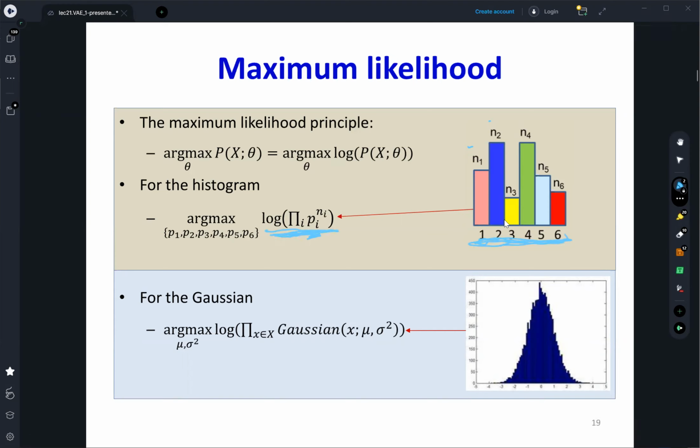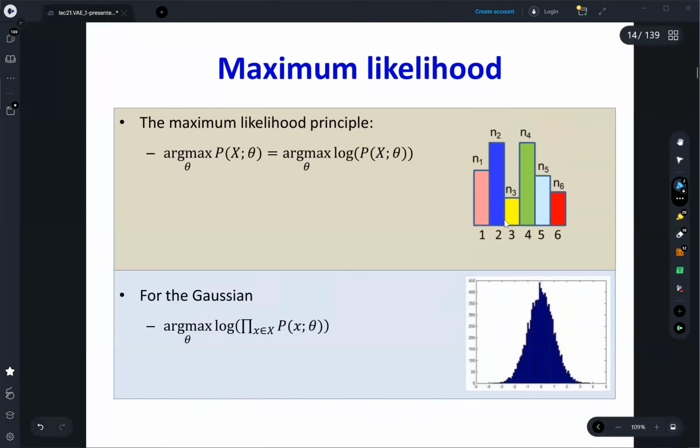So also in the case of the Gaussian, what you would be doing here is, if you have a bunch of independent observations, the total probability of all of the observations is the product over all x of the probability of the individual observations. We take the log of it, and you'd be choosing the parameters of this distribution that maximize this log probability.